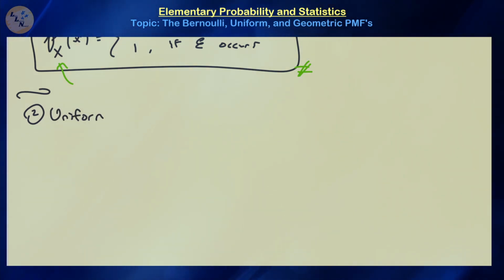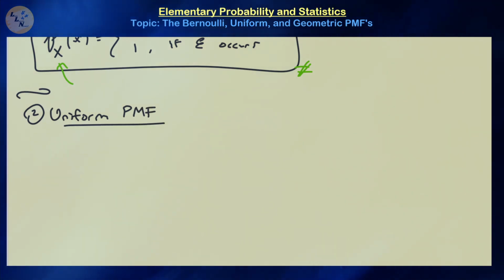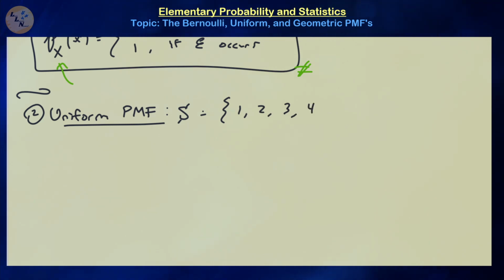So this is going to be called the uniform probability mass function. Let's assume that S can take one of the following values: 1, 2, 3, 4, all the way out to some number n, where n is some natural number.